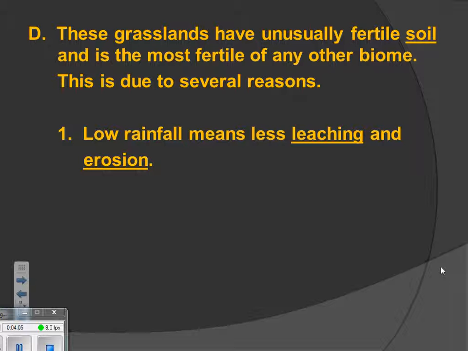If you'll remember, leaching is the process where rain falls into the ground and soaks in and dissolves minerals and then takes them away. So the soil is less fertile. Well, when you have less rainfall, you don't have as much of that occurring. In addition, if you have a lot of things growing and a lot of grass growing, then you have less erosion because you have all those roots that are holding the soil in place.